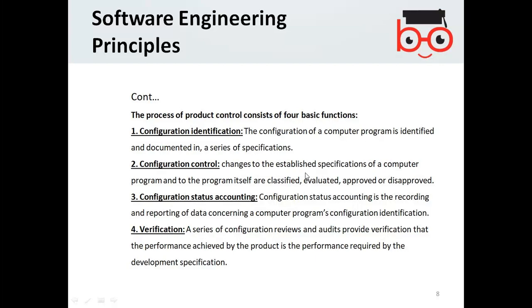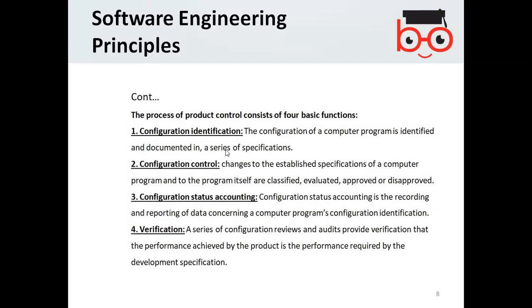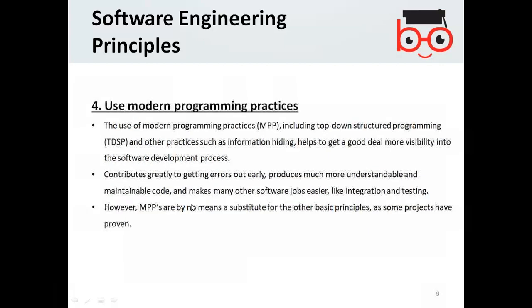In configuration control, changes to the established specification of the computer program or to the program itself are classified, evaluated, and approved or disapproved. So if you want disciplined product control, you have to consider the control of configuration, the status accounting, verification, and these things.